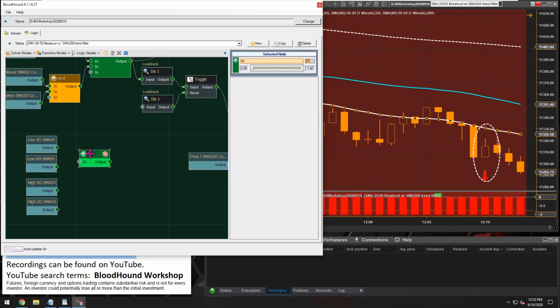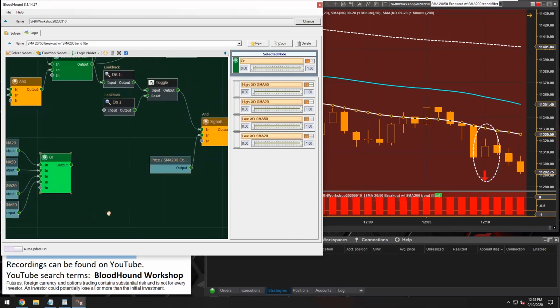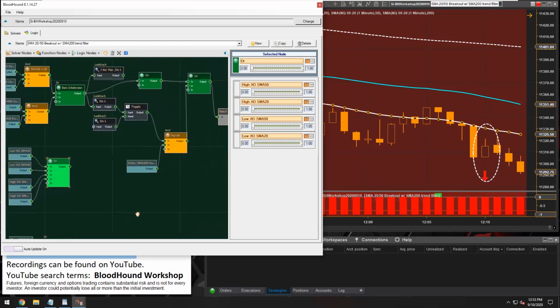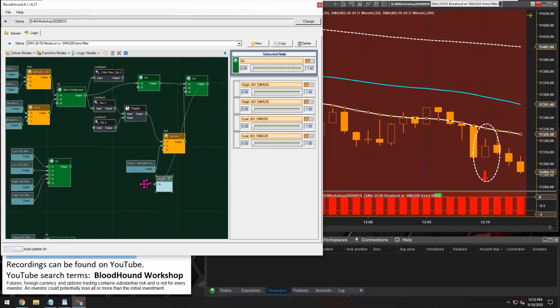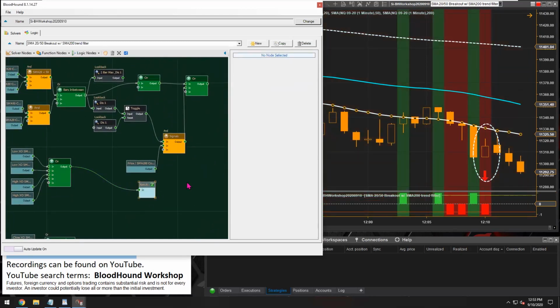All right, so I don't think this is going to work, but I'm just going to see what results I get here. I'm just going to connect them all into an OR node. Okay, yeah, so I do need a filtering mechanism here.